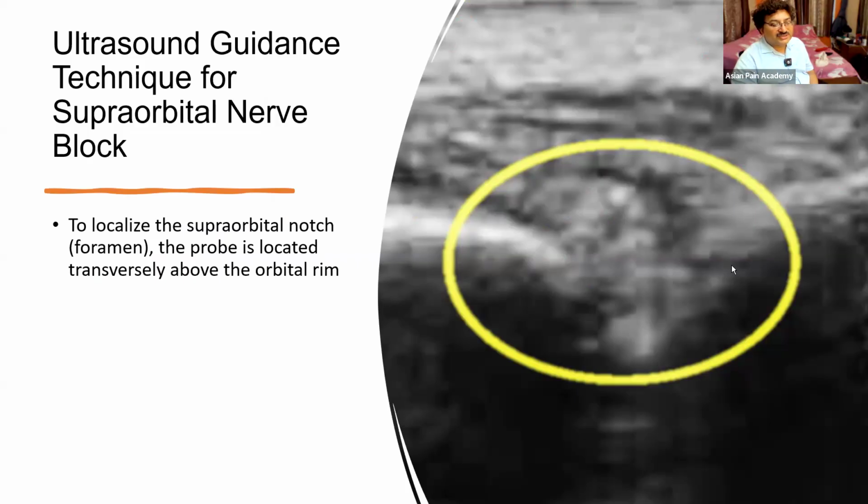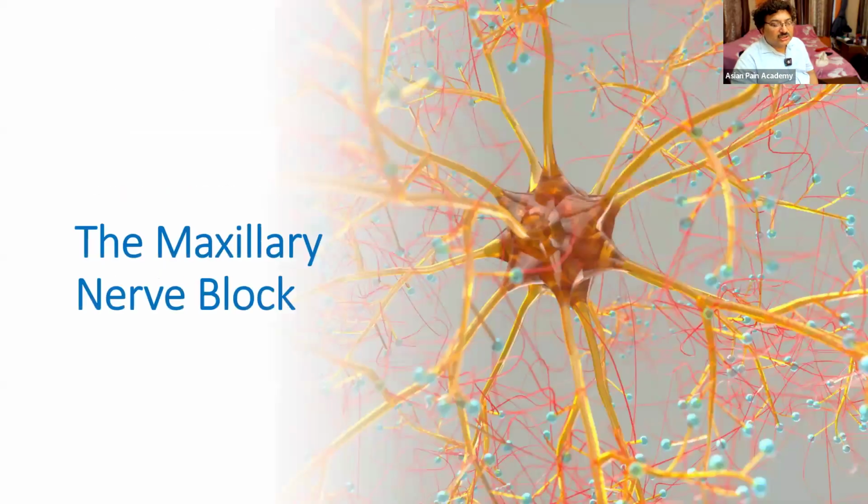Then we go for stimulation, followed by local anesthetic and radiofrequency ablation to specifically block this branch in the supraorbital range. So Chinmada will show the supraorbital, then I will move to the next.